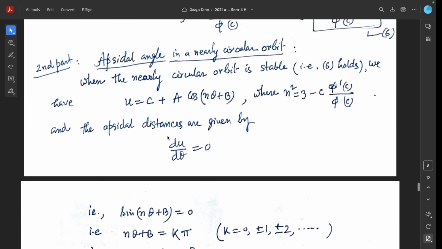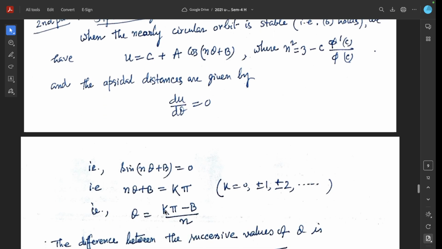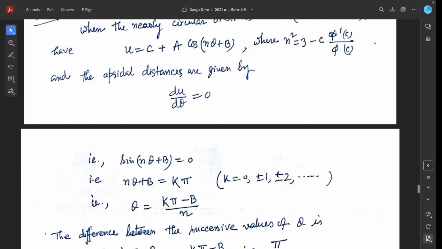That is, after differentiating this, sin (n theta plus b) equal to 0. That is n theta plus b equal to k pi, k equal to any integer: 0, plus minus 1, plus minus 2 and so on. So theta equal to k pi minus b by n.